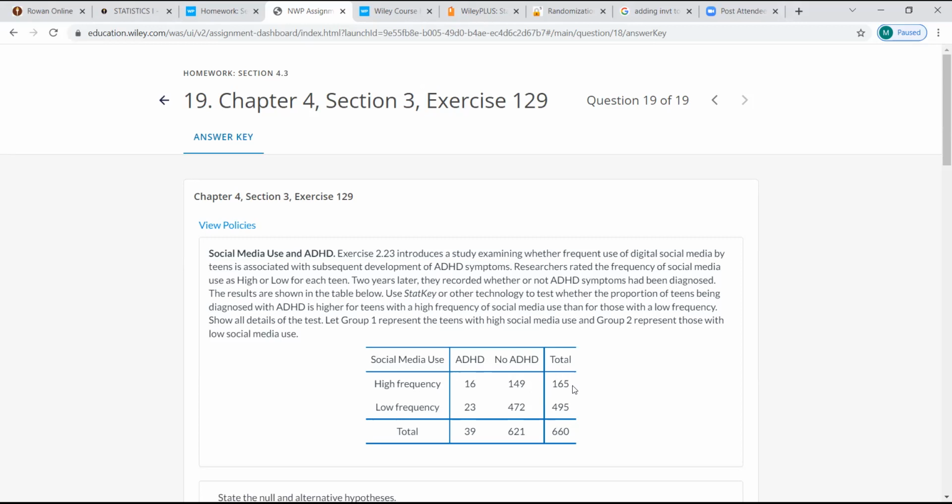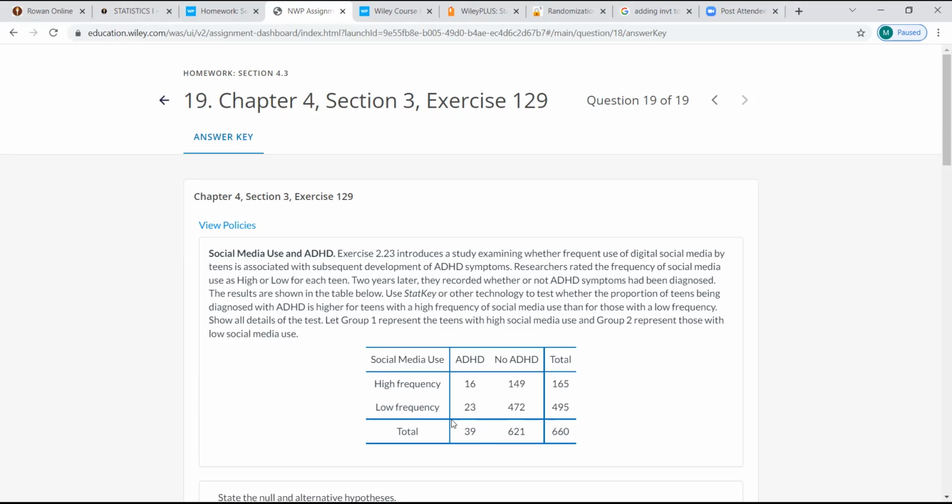There are 165 students in the high frequency group. How many developed ADHD out of the 165? 16. So the sample proportion here is 16 divided by 165. It's not 16 divided by 39. It's 16 divided by 165. That's the proportion for the high frequency group.